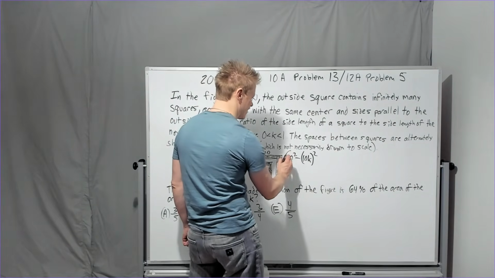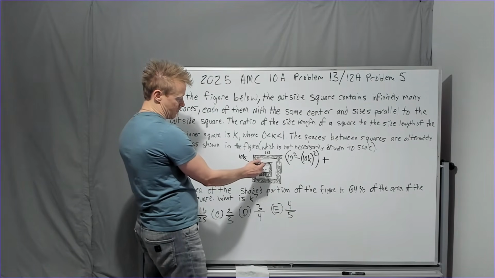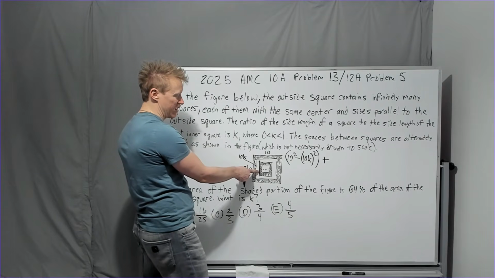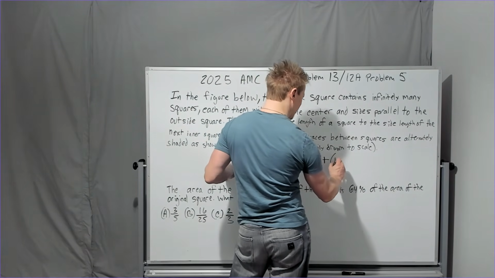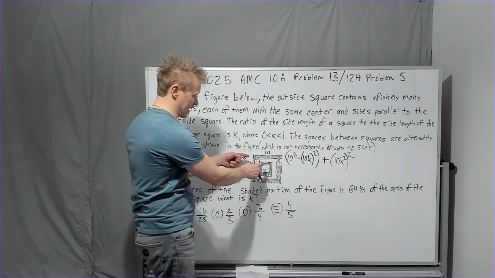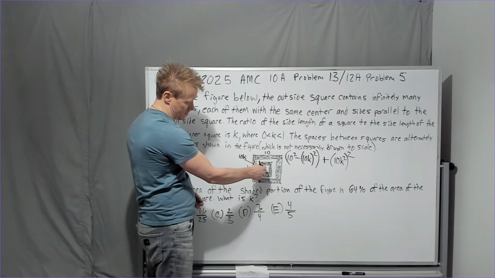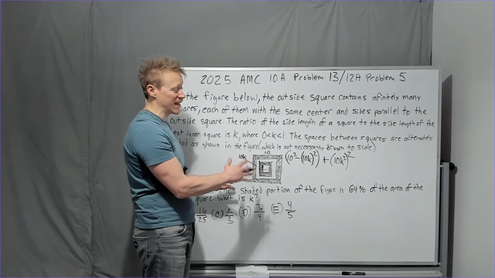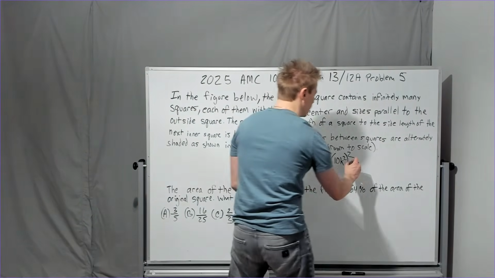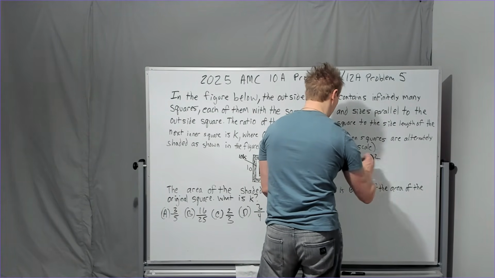And I'm going to take that and add the next ring. This side right here is going to be 10k squared. So now we're going to do 10k squared, squared, because it's an entire square's area, minus the inner square that's white, which is going to be 10k cubed. And you have to square that. So it's minus 10k cubed, squared.